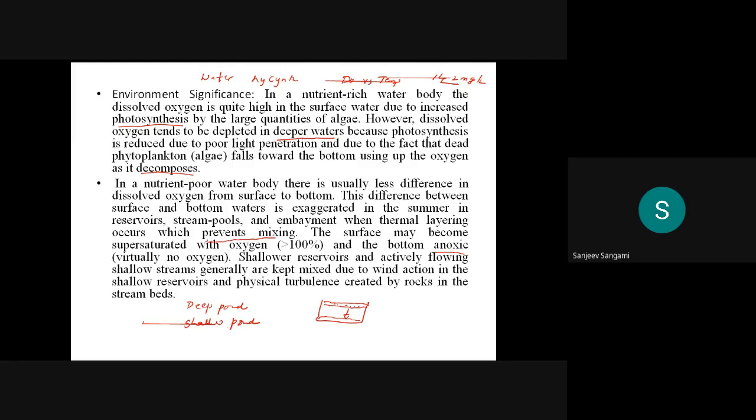In the shallow pond, you may get sufficient dissolved oxygen, but in the deep pond it will be very less. In a shallow pond, the whole surface of the water is exposed to the atmosphere. Once it is exposed to the atmosphere, normally we get a higher percentage of oxygen compared with deeper ponds.